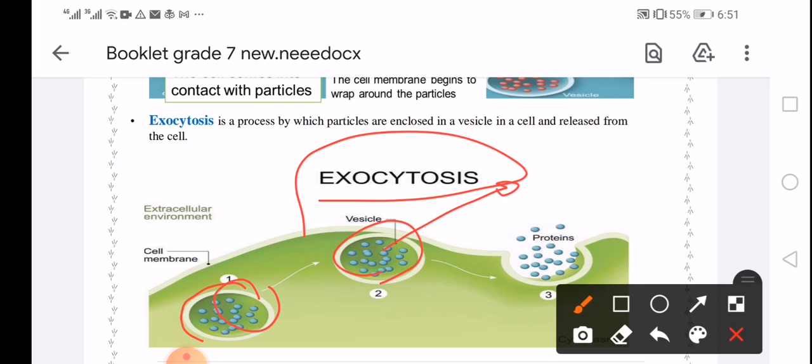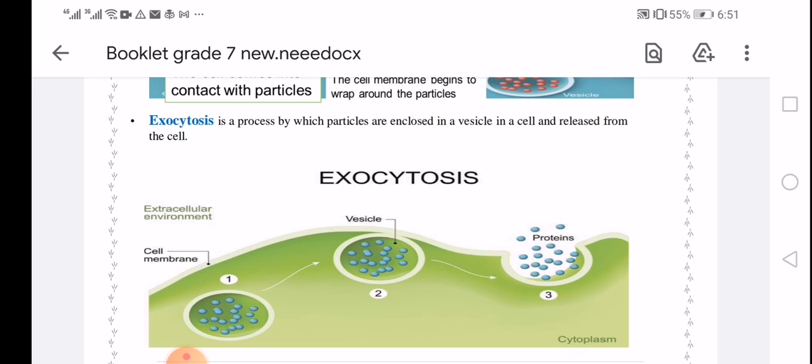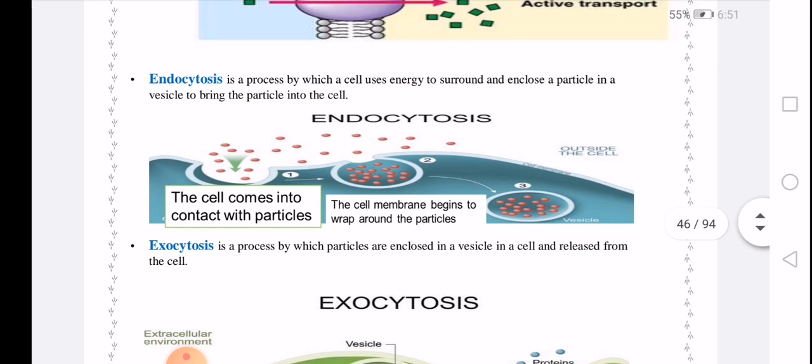The cell wraps around these particles or this waste and moves to the cell membrane, which then opens and releases the waste or any molecules or substances. This is called exocytosis.